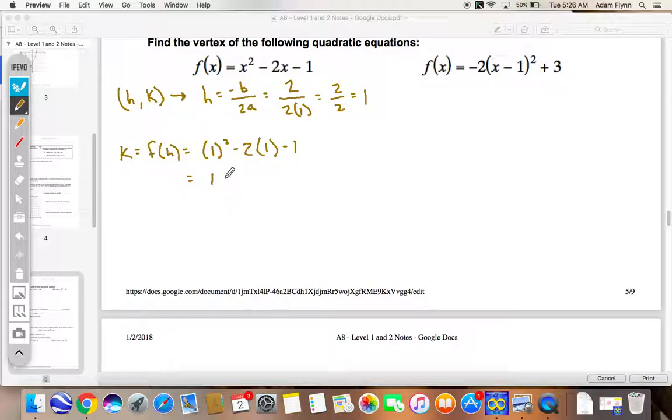So 1 squared is 1, so 1 minus 2 minus 1. 1 minus 2 is negative 1. Minus 1 would be negative 2. So I know my vertex is the ordered pair (1, negative 2).